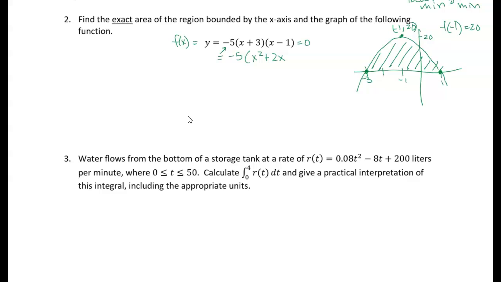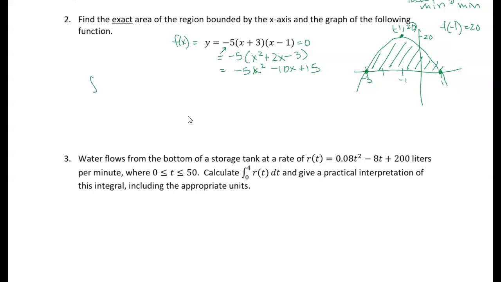And then I have -1 times 3, which gives me -3. And then I can multiply through by the -5. I could actually leave it out on the outside, but okay, so we have -5x squared minus 10x and plus 15. So that'll be easier to integrate.